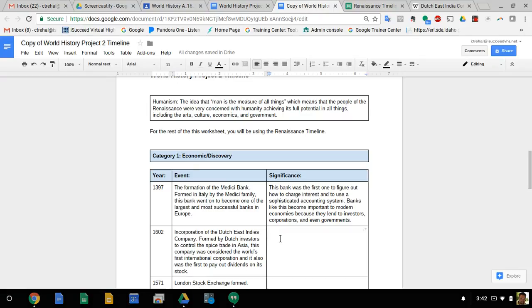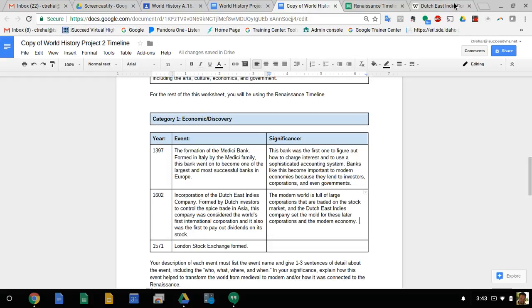Okay, now for significance. Okay, so for significance, the modern world is full of large corporations that are traded on the stock market, and the Dutch East Indies Company set the mold for these later corporations and the modern economy.